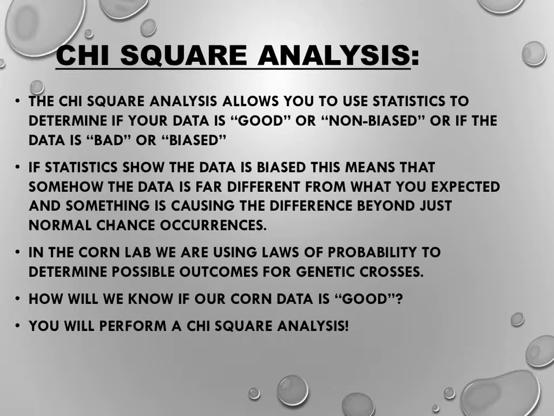Okay? Pretty much you're trying to figure out if something is causing that difference beyond just normal luck or normal chance, normal occurrences. So is there something else behind the scenes causing the numbers that you are seeing?